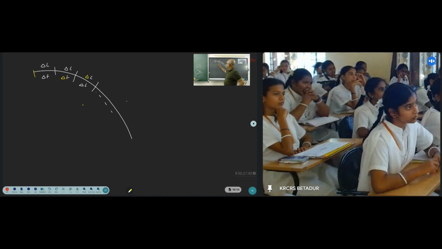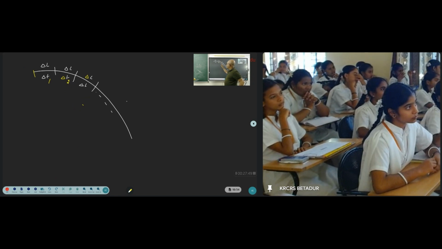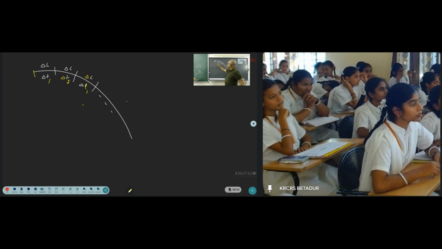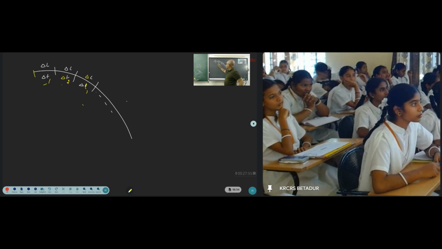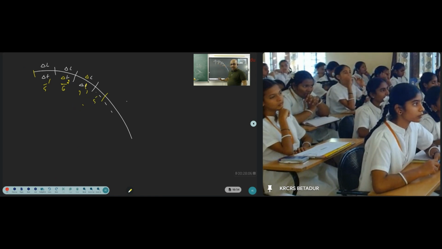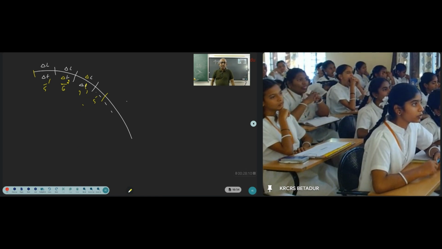Supposing, in the next experiment, the body moves delta L in time delta t1, and the body moves delta L in delta t2, like this. Understood? That means delta t1 is different from delta t2. It may be 5, it may be 6, it may be 7. That means the time intervals are different, but the distance traveled is the same. Then what motion is it?